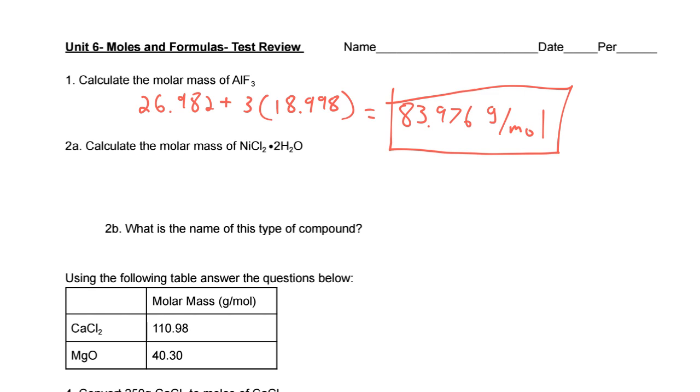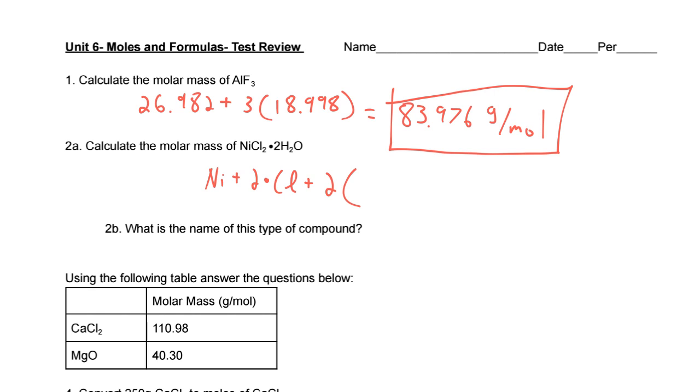All right, with the nickel chloride dihydrate, to add this one up, you need to do 1 nickel. I'm not going to solve this one, but plus 2 chlorines, so 2 times chlorine, plus 2 times what a whole water molecule is.